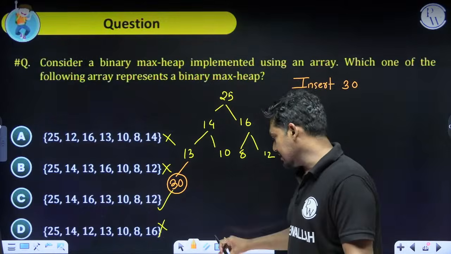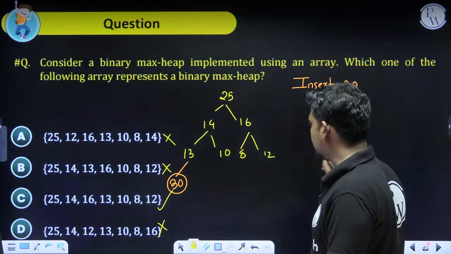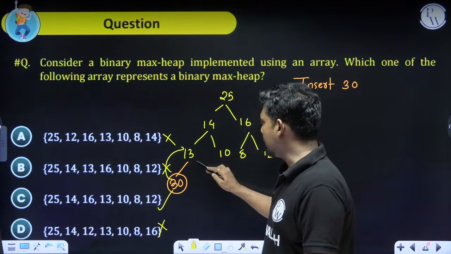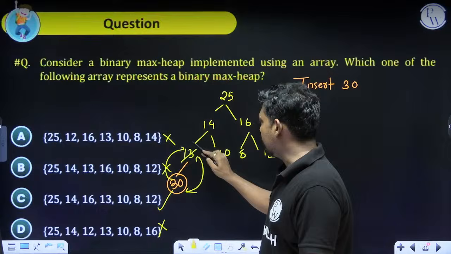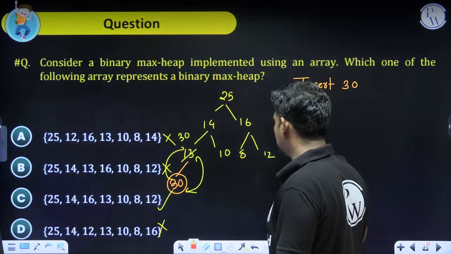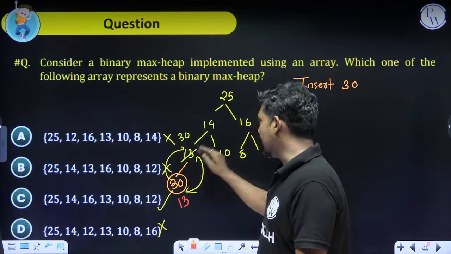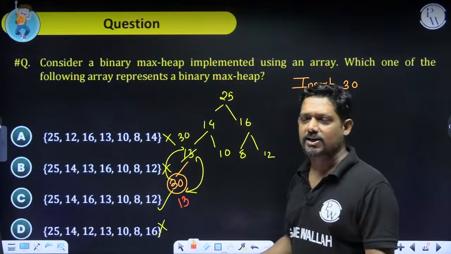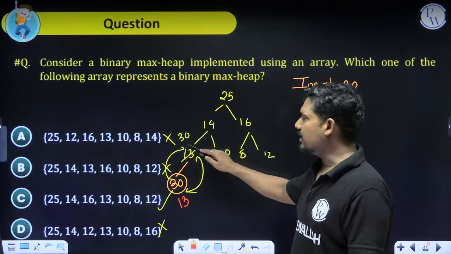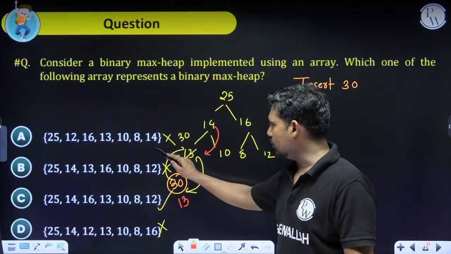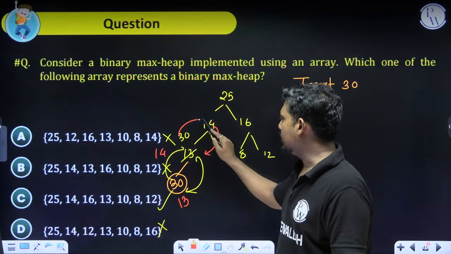The first thing we notice is that 30 is greater and 13 is lesser. It will say, Papa, come down, I will go up. So 30 goes up and 13 comes down. It will not spare only the parent, it will go to the grandparent as well. It says to 14, I am greater, you come down and I will go up to your position.